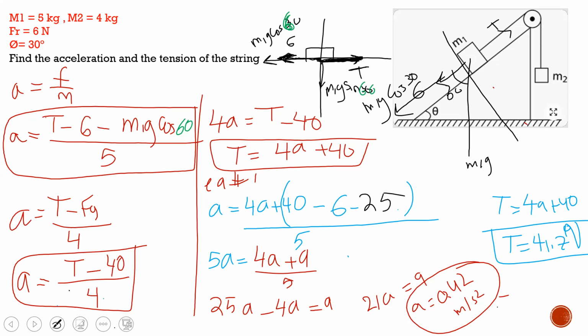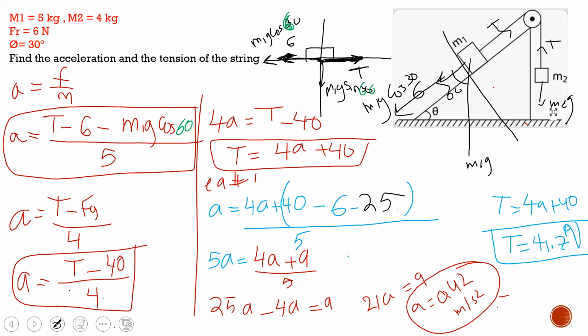I need another equation, so I will go to m sub 2. For m sub 2, we have tension and we have m2G. So tension minus m2G. m2 is 4 times 10, which is 40. So T minus 40 over m2, which is 4, equals A. So from this equation, 4A plus 40 equals the tension.